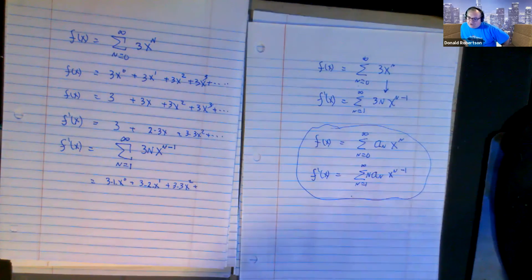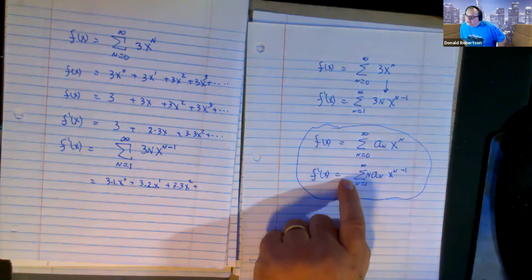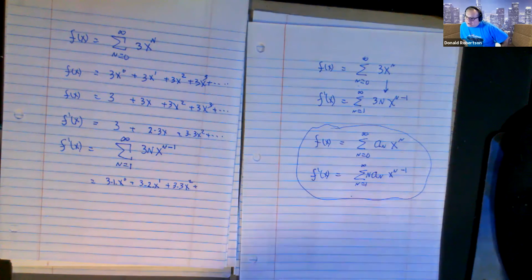What that means now is that I can actually do power series of the derivative of a function. So if I know the power series of one function, don't I also know the power series of all its derivatives?